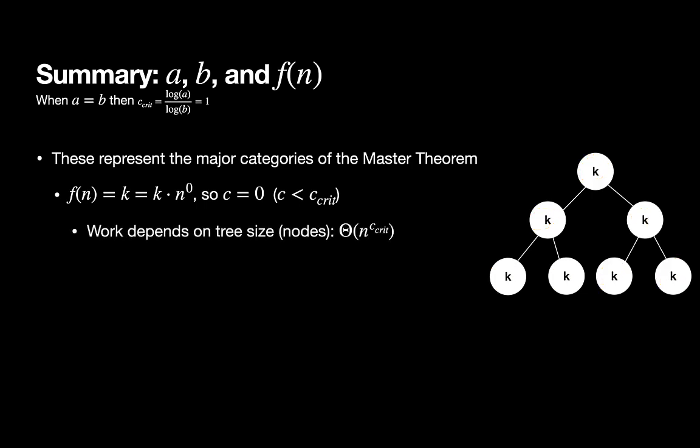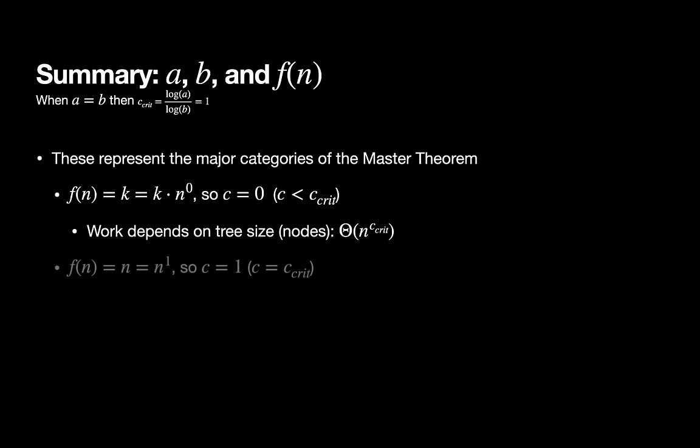Okay, so work depends on the overall size of the tree, so it's theta of n to the critical factor. And remember, we've already kind of shown that n to the critical factor is essentially the total number of nodes that we have. Or it's asymptotically the number of nodes we have.